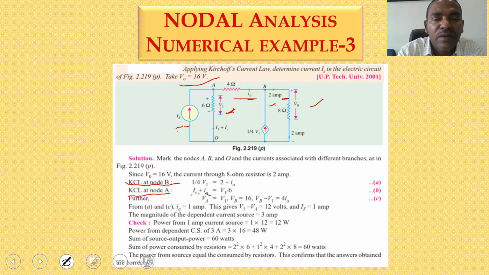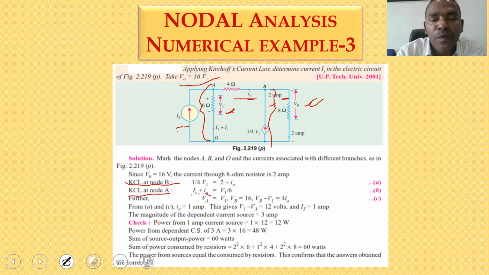VA is V1 because this node voltage is V1, the same as VA. And for VB, this node voltage is V0 only. So what is that V0 value? 60.